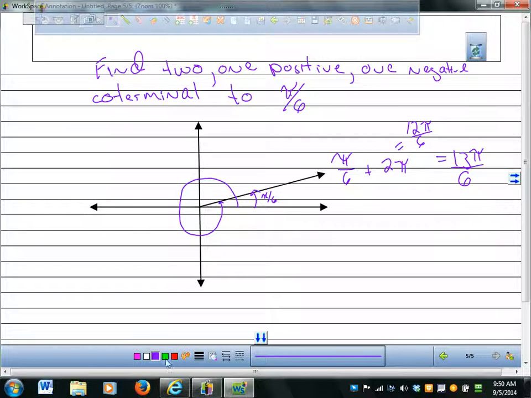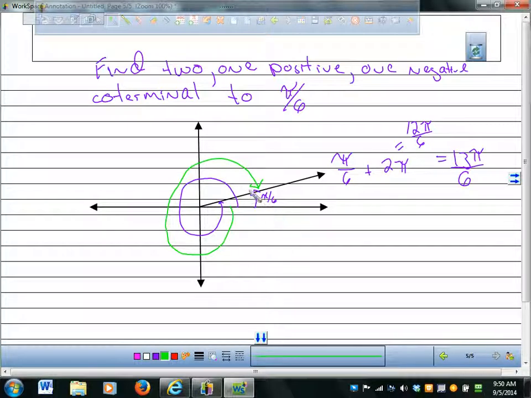How about negative? How would I find that? What if I wanted to go this way? So start here and go in the negative direction. Who could tell me how would I do that? Negative 11 pi over 6. Well, if I start at pi over 6 and then subtract 2 pi, right?